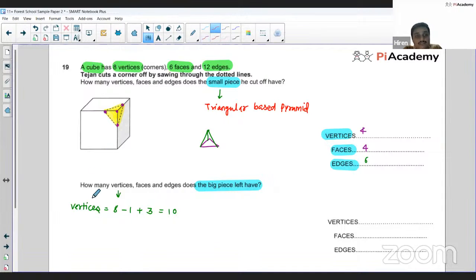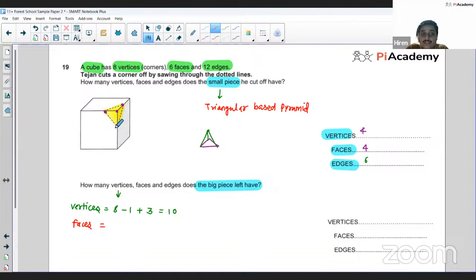Now let's talk about the faces. Because of this cutoff, it does not affect your existing number of faces, right? There is no removal of any face, but there is an addition of 1 face. As you can see, this is the new face now.